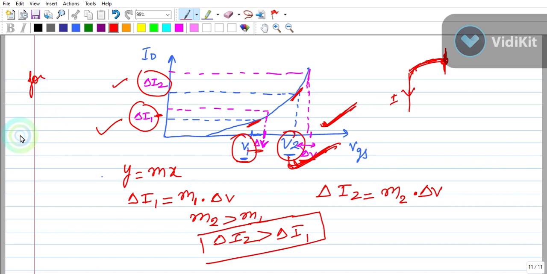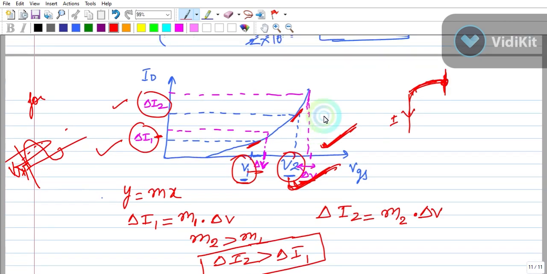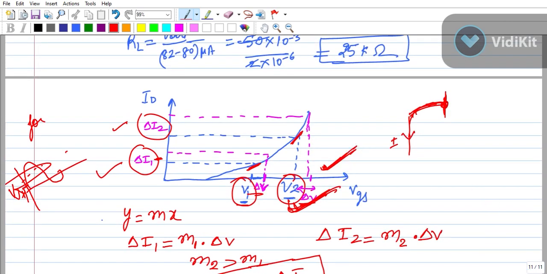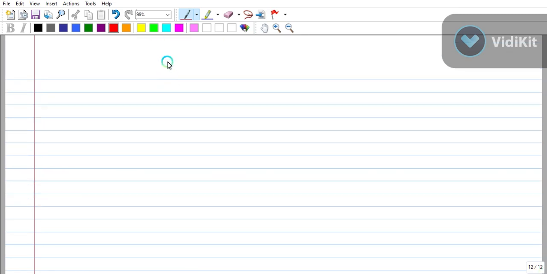Okay, so see, if we are keeping our input somewhat like this, we did biasing here, and then there is VTH. Sorry, I'm making one clear figure. This is VTH.